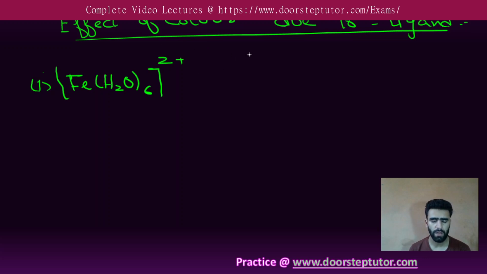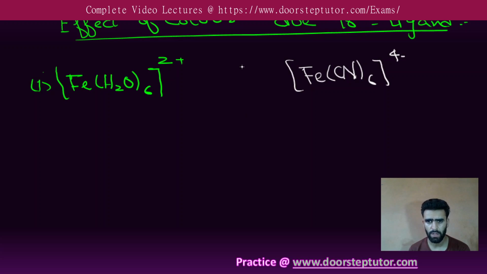And we have another iron complex with cyanide, which has 4 negative charge. So in the first case, iron is present in its +2 oxidation state, and in the second case, iron is also present in its +2 oxidation state.